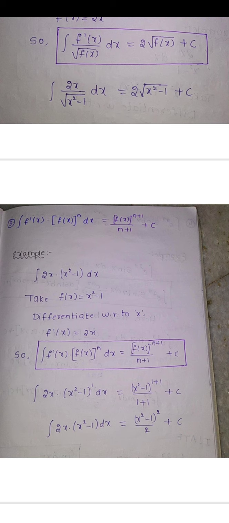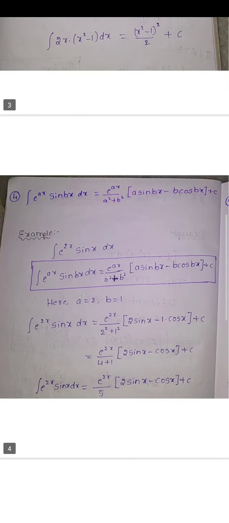If power is not there, we will consider it as 1. So x square minus 1 whole power 1 dx. So here n is 1. So what is the formula? F of x whole power n plus 1 by n plus 1. What is the n here? 1. So x square minus 1 whole power 1 plus 1 by 1 plus 1 plus c. So this is one. Next we will go to the fourth formula.